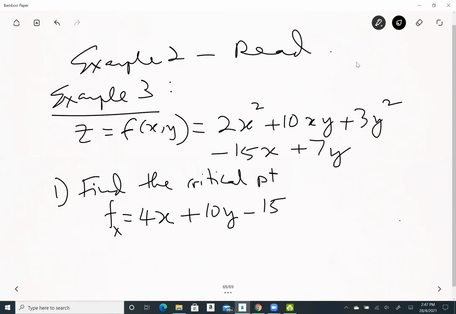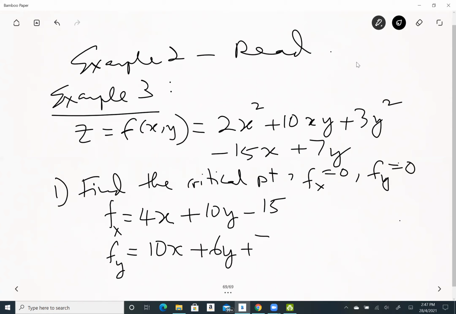So to find the critical point, that means fx equal to 0, fy equal to 0. And then what is fy? Fy is the derivative of the function with respect to y. I got 10x plus 6y plus 7.